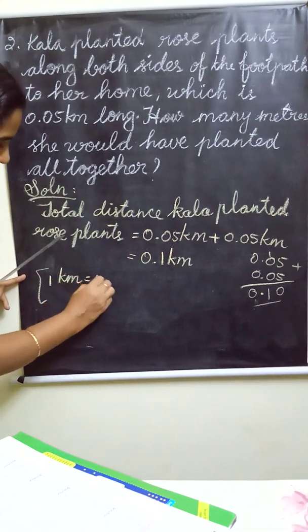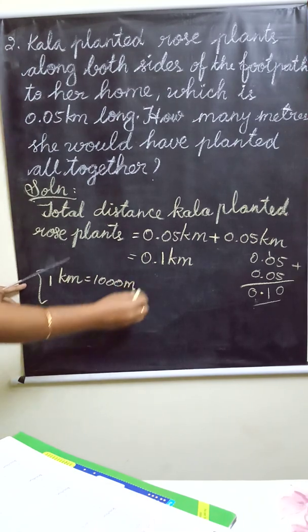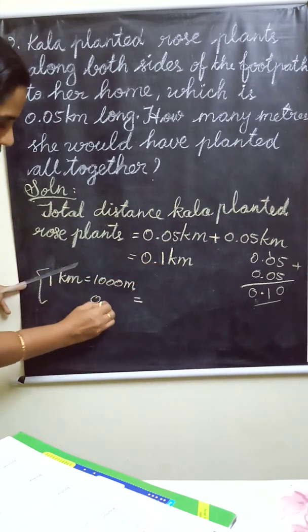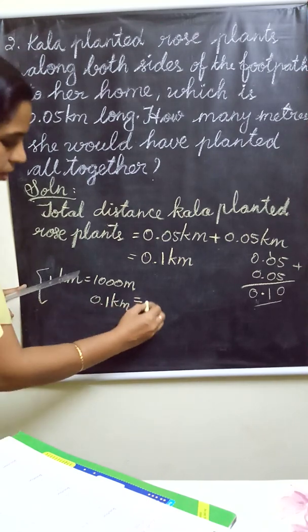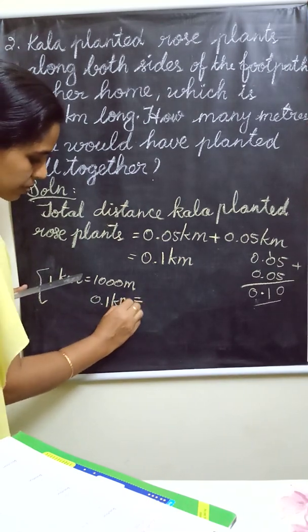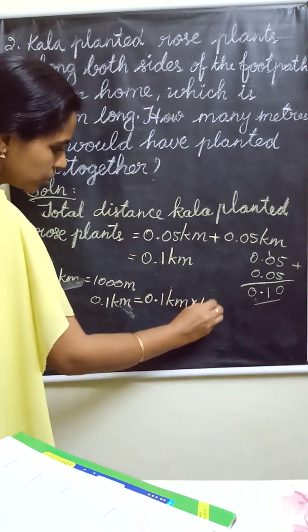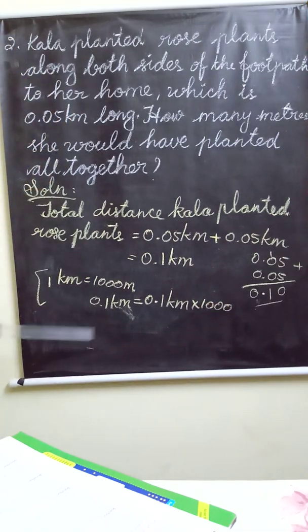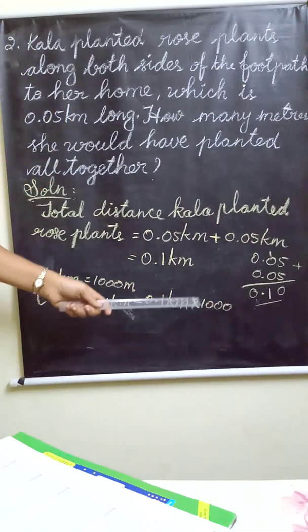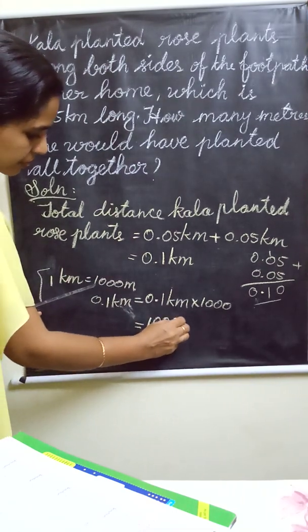So 0.1 kilometer into 1000 equal to 100 meter.